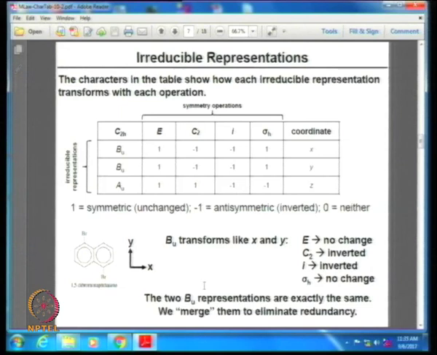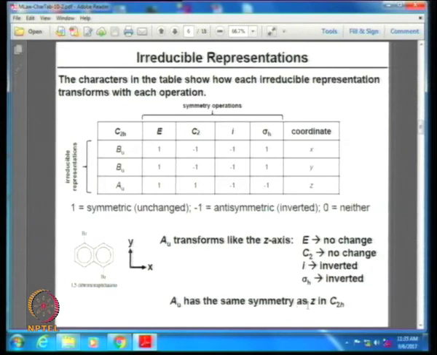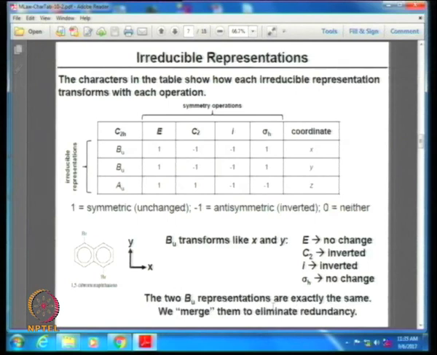Now, AU has the same symmetry as Z in C2H, and the two BU representations are exactly the same, and we can merge them. So they actually reduce to only one particular representation. This is because the two are in the same conjugacy class, so they are not giving anything new.